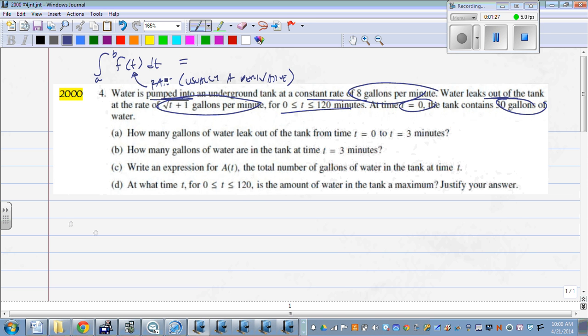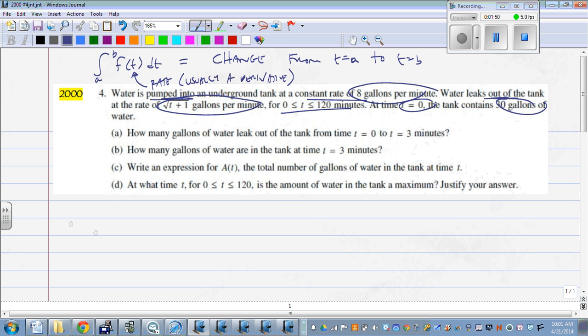If we look at this definite integral from a to b of f of t, we're looking at the change from t equals a to t equals b. Right, from this time period to this time, we're looking at how much it's changed.